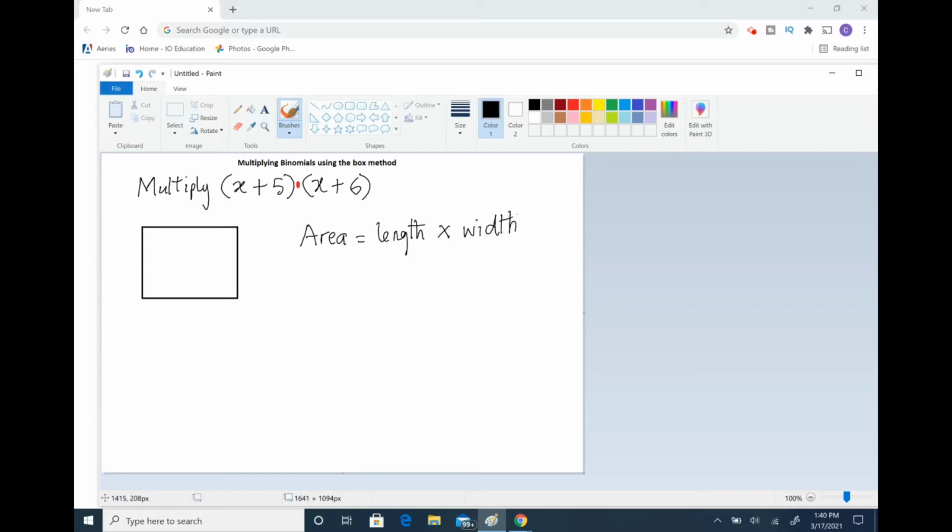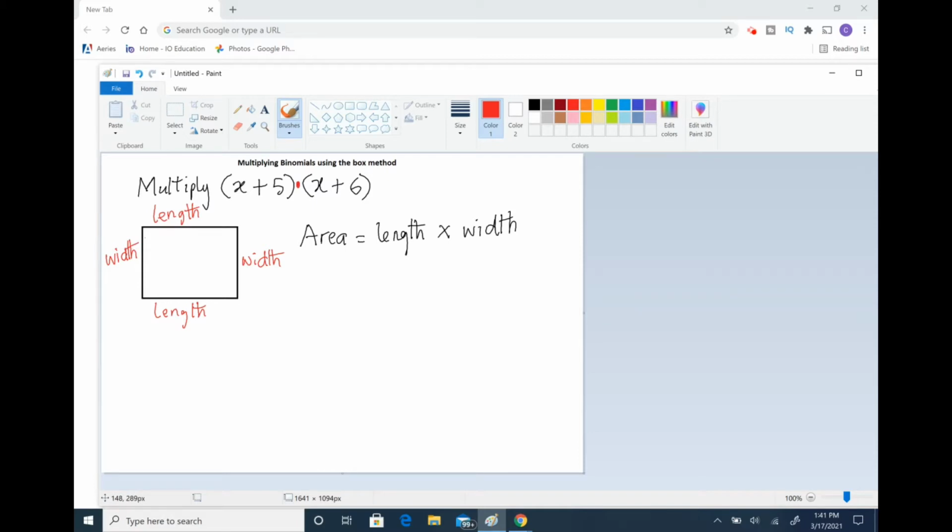So the top of this rectangle is your length and the side is your width, right? The opposite side is the same thing, so the length up here is the same as the length down here, and the width on the right is the same as the width on the left.